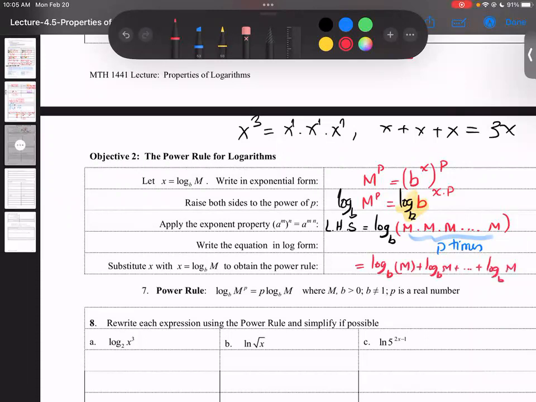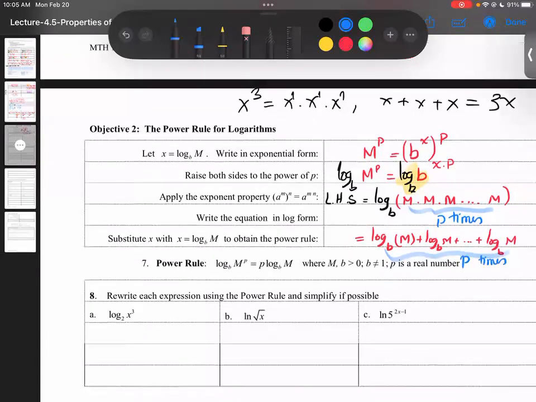How many times? p times, again. So I can rewrite this as p times log base b of m.